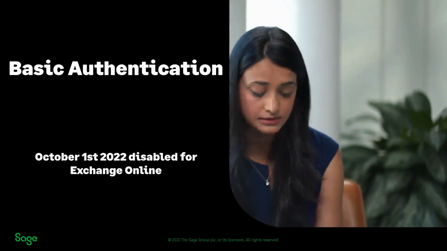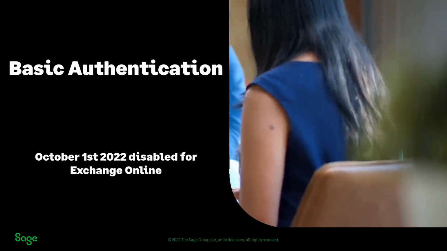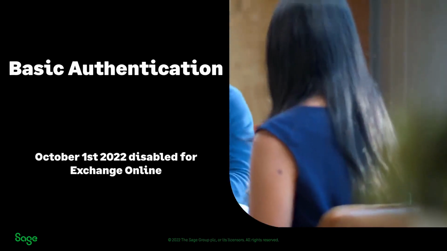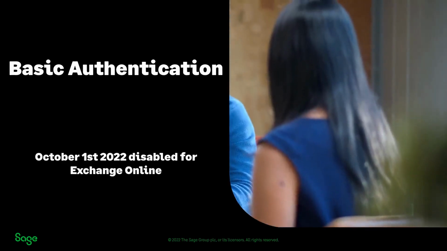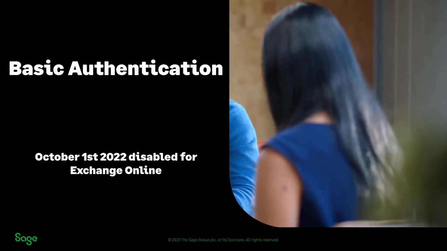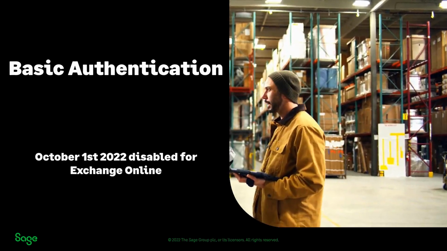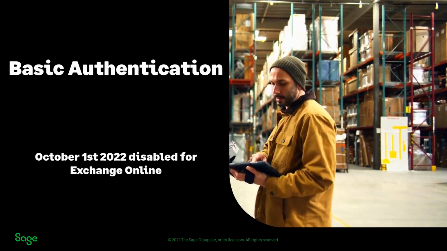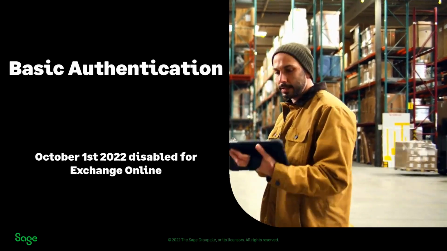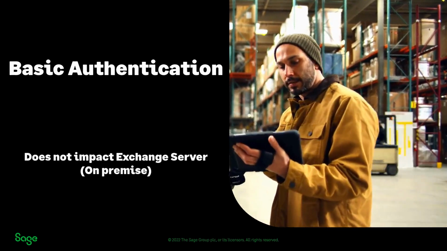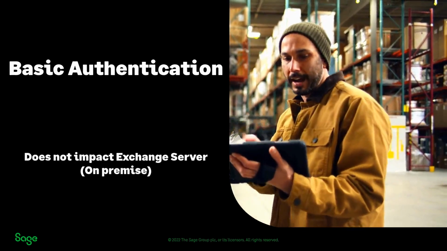What does it mean for you if you are using a particular version of Sage CRM? Will you still be able to integrate with Exchange Online, and does it have any impact on you if you're using Exchange on-premise, an Exchange server within your own managed environment?